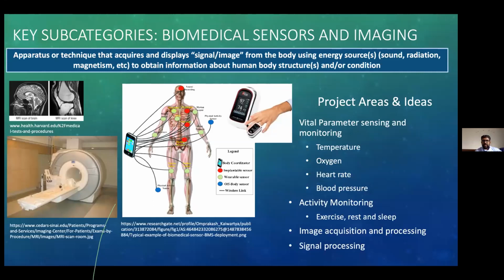Here is a picture of the different ways in which you can use sensors. So there are sensors that pick up brain waves inside your brain. Your brain is constantly giving out waves that tell different parts of your body what to do. So there is something called an electroencephalogram, or EEG, which picks up brain waves.